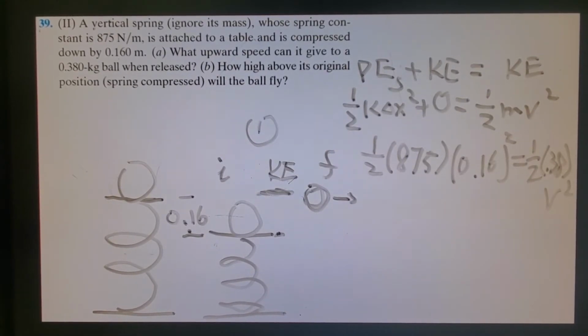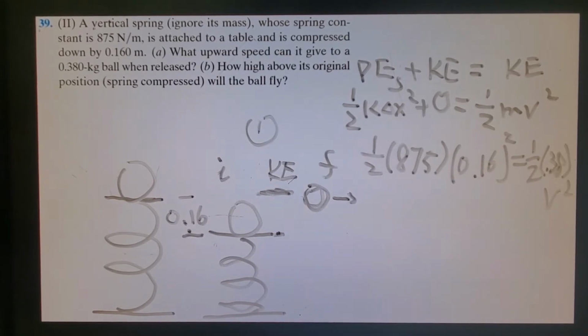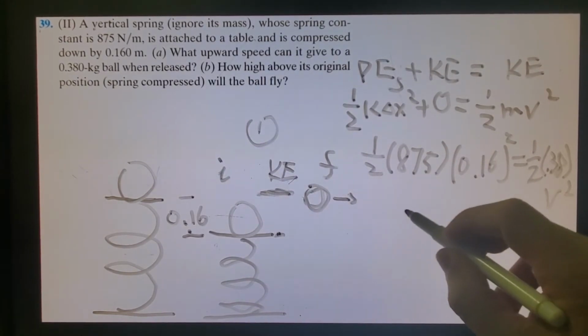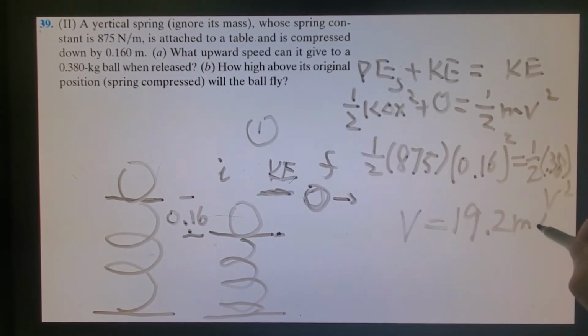Let's put it into the calculator: half times 875 times 0.16 squared, multiply by 2, divide by 0.38, and then take the square root. So I get 19.2. V is equal to 19.2 meters per second.